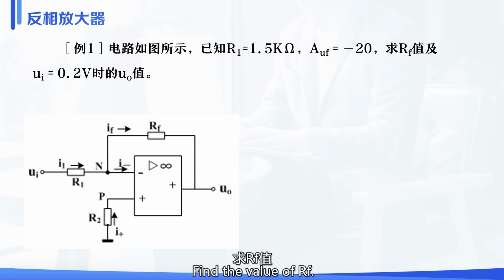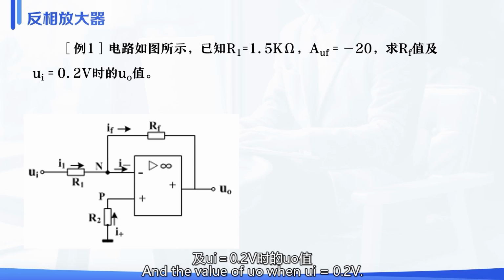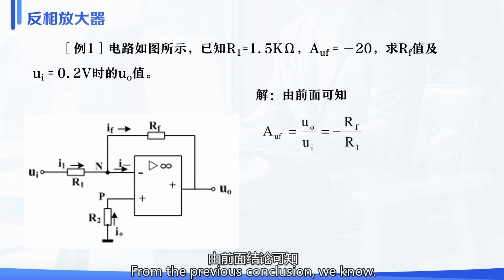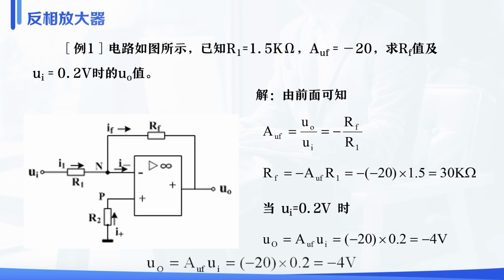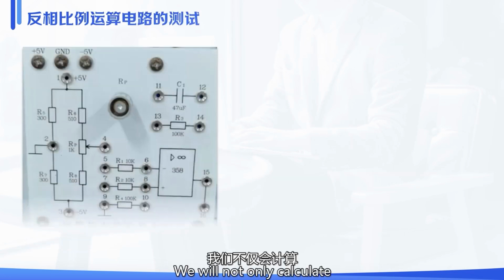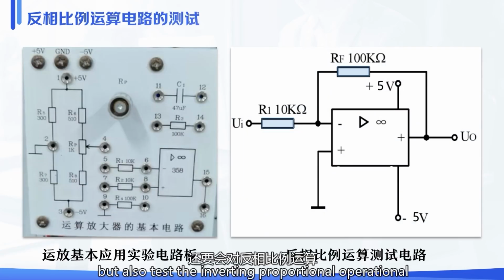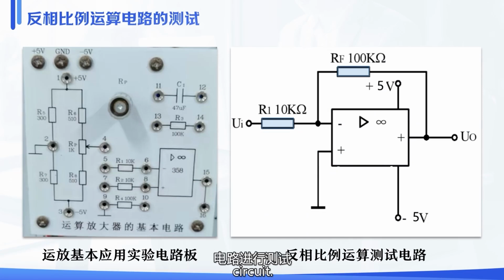Find the value of RF and the value of UO when UI equals 0.2 V. From the previous conclusion, we know the result. When UI equals 0.2 V, we will not only calculate this, but also test the inverting proportional operational circuit.